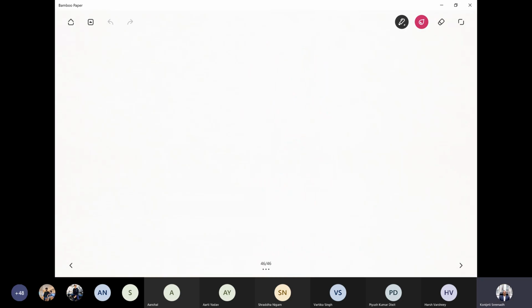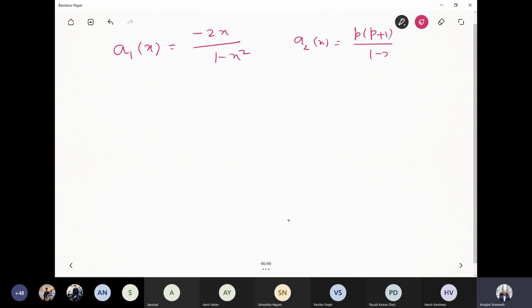Okay, so going back to this, I have the equation a1(x), which is minus 2x by 1 minus x square, and a2(x) is equal to p into p plus 1 upon 1 minus x square.